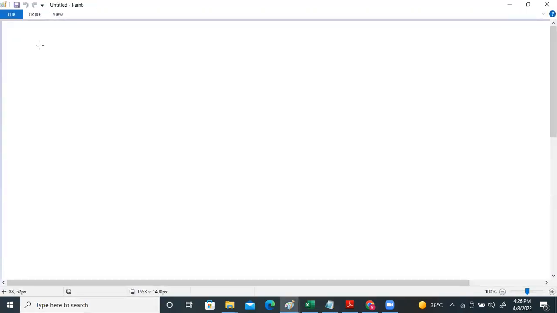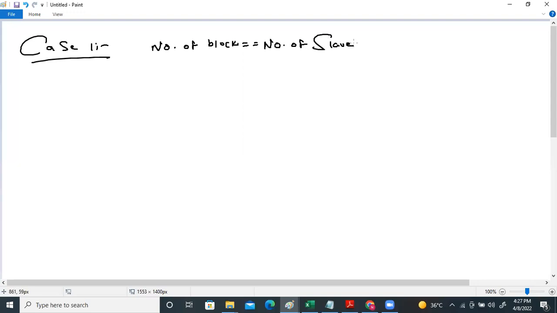Case 1: if the number of blocks a file is divided into is equal to the number of slaves, the number of systems, we get full parallelism and achieve high speed.